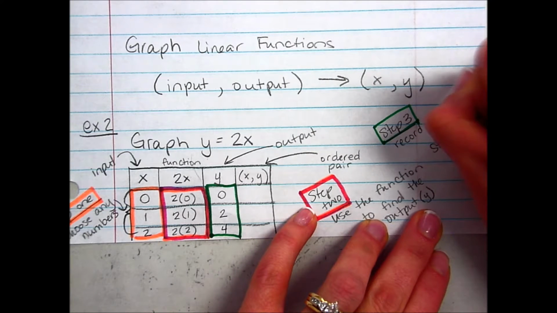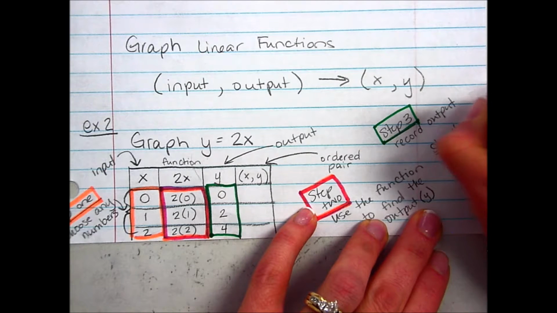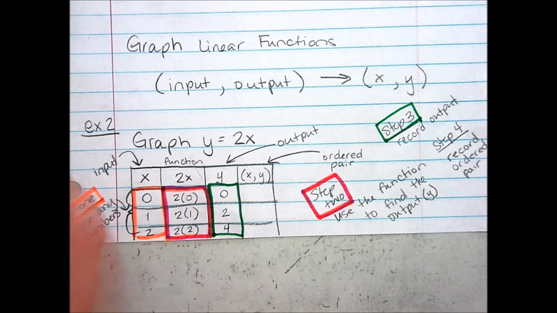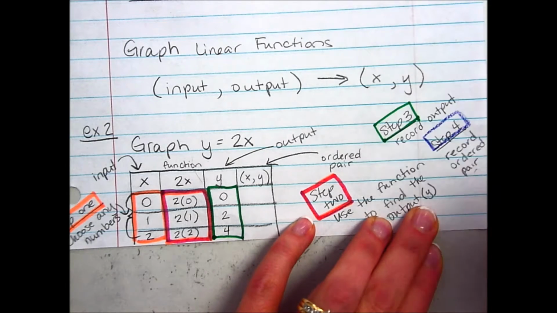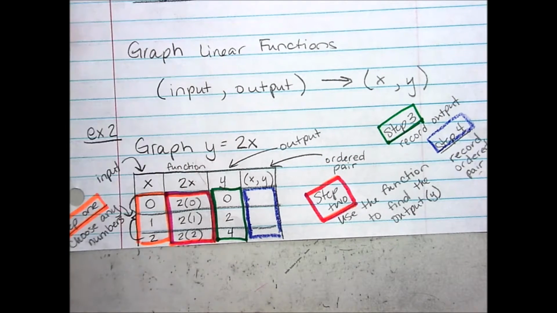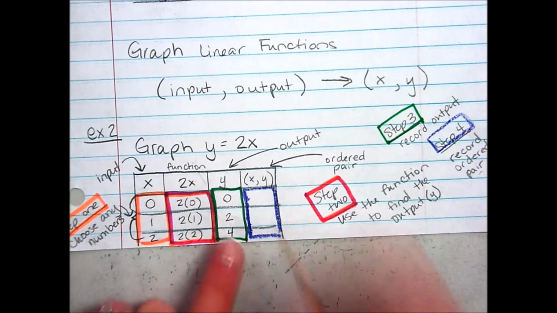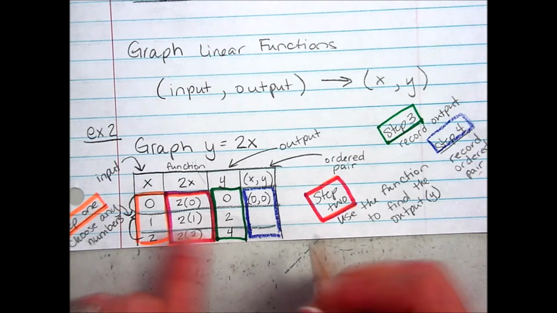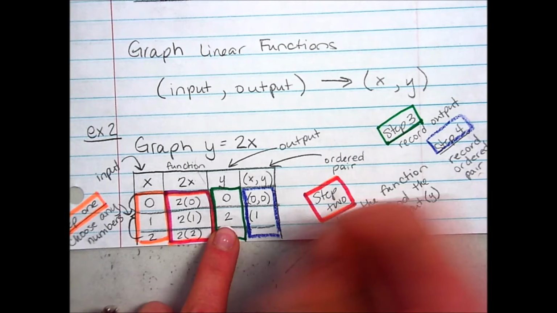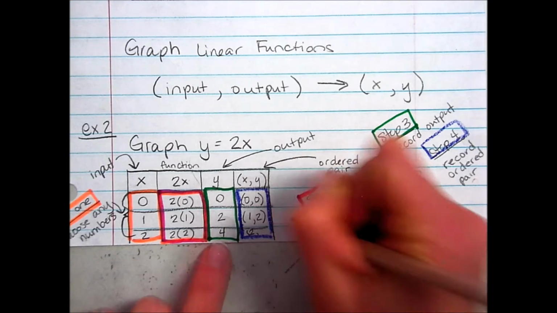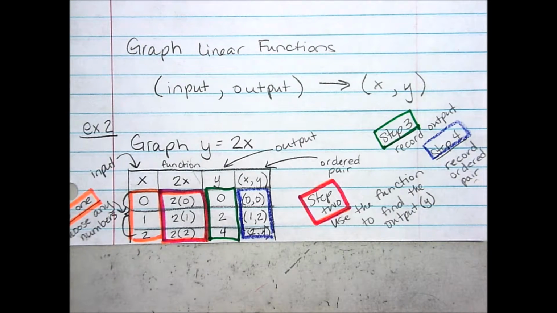Step 4, record ordered pair. So my x is 0, my y is 0, my x is 1, my y is 2, x is 2, y is 4.